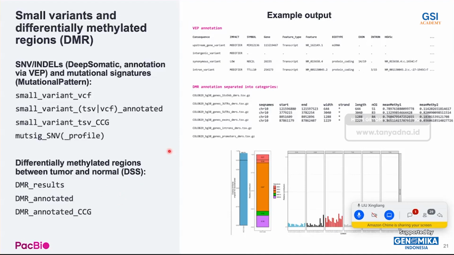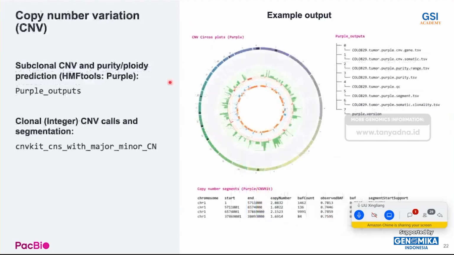Based on those annotations, we further bin those DMRs into different categories. For example, this TSV file harbors DMRs overlapping the regions 1 to 5 kb from the TSS, or those overlapping the 3' and 5' UTR regions, exons, introns, and some known promoter regions as well. So this gives you a more categorized view of your DMRs.